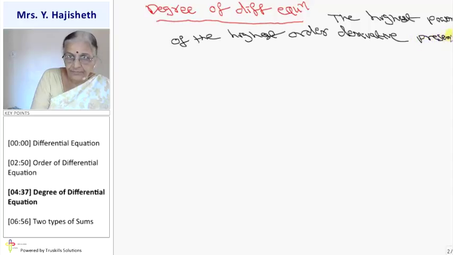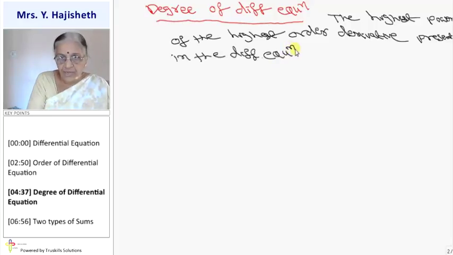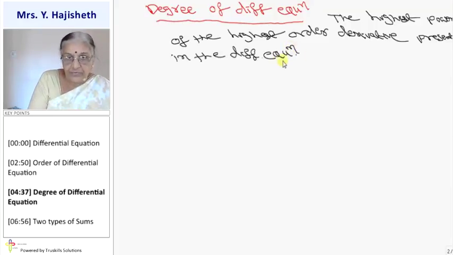The highest power of the highest order derivative present in the differential equation is called the degree of the differential equation.